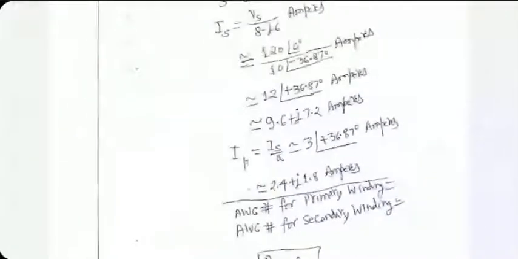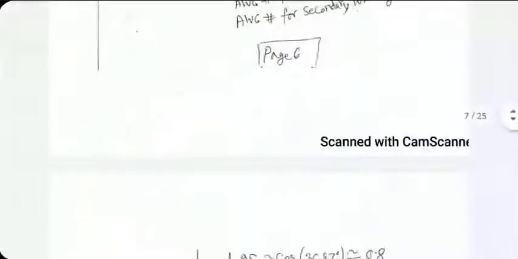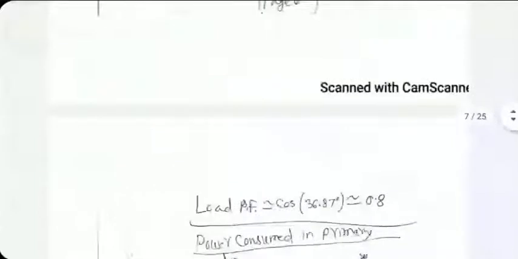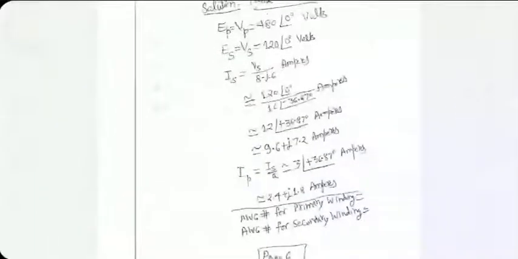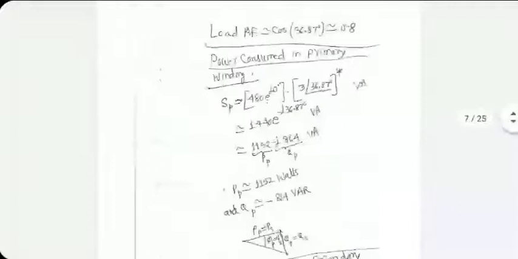Wire size, etc. you can figure out based on the magnitude of the currents. For calculating wire size, you need the table which you already know about, and you don't worry about the phase of the current. You only worry about the magnitude. I have not given the answer. You can figure it out very easily, I'm sure.